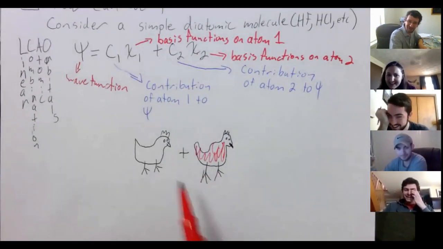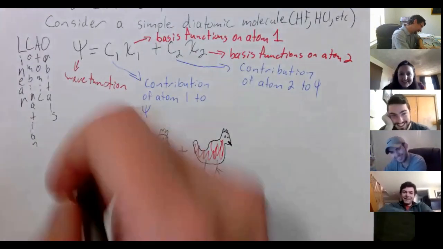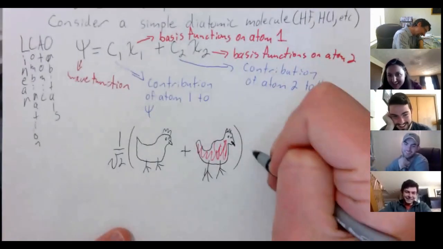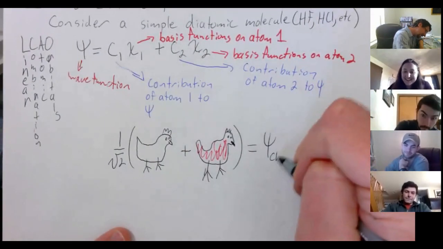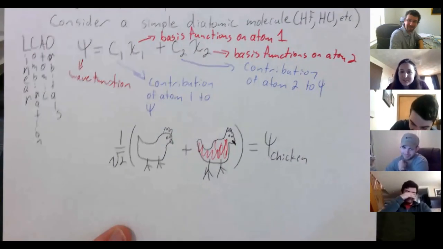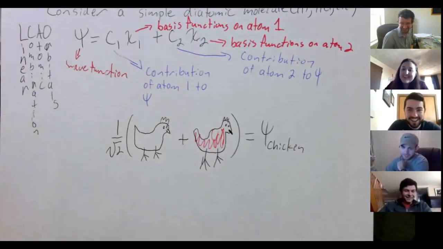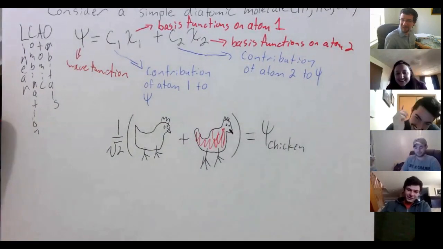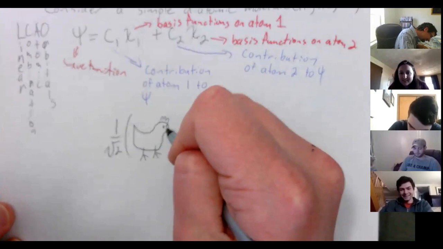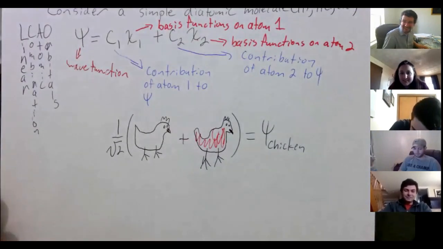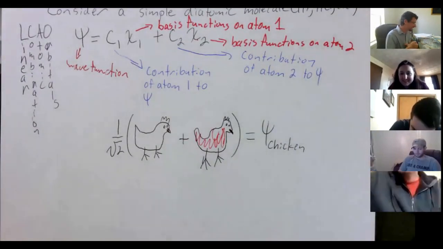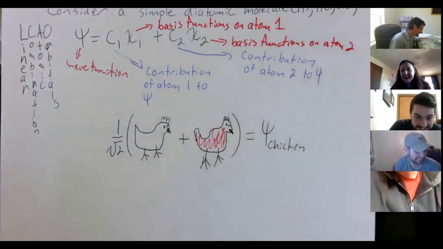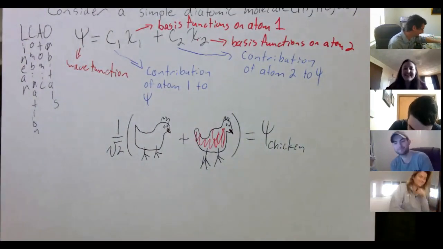We either have red chicken or white chicken. The one on the left looks so much better. This is going to be the first question on the exam: what is the wave function of a chicken?